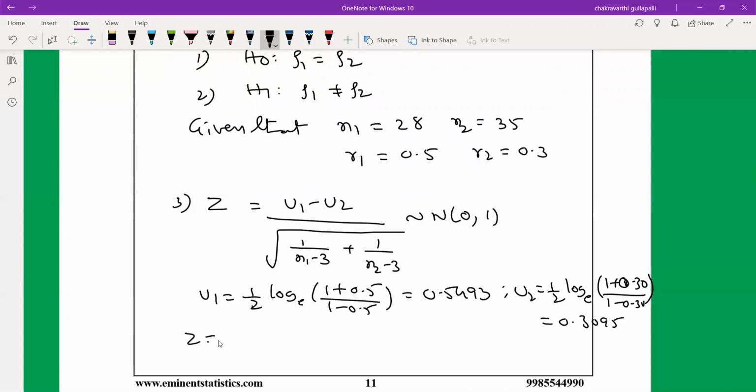Now Z is equal to 0.5493 minus 0.3095, divided by the square root of 1 by N1 minus 3, that is 28 minus 3, 25, plus 1 by N2 minus 3, that is 35 minus 3, 32. This final result is the Z value 0.8985.